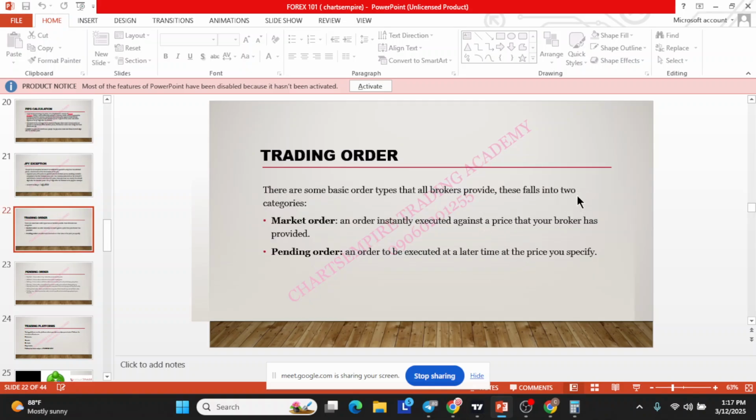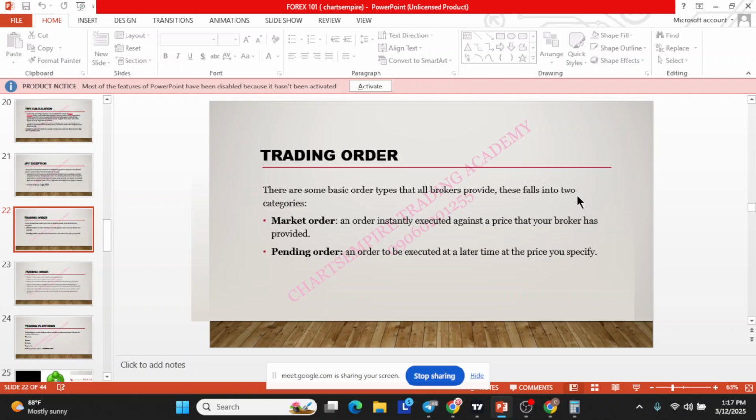All right, so we want to look at trading orders. Trading orders are split into two. These are where you want to enter the market. We have the market order and we have the pending order.